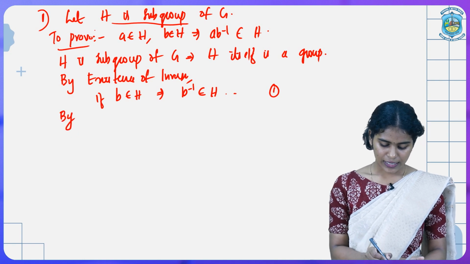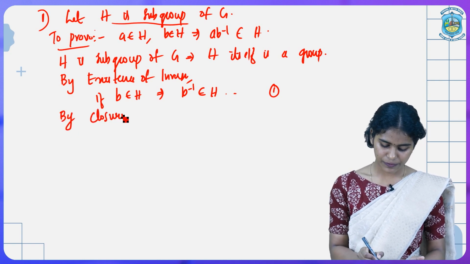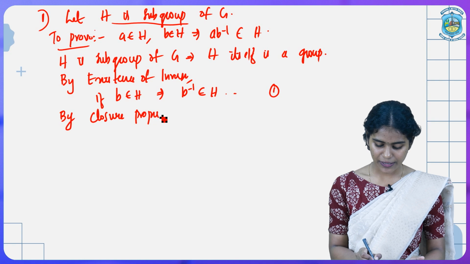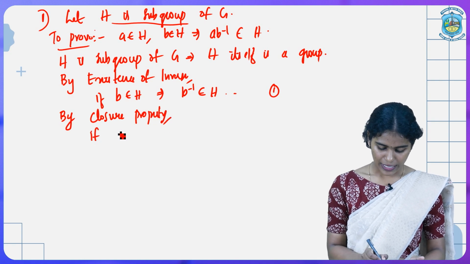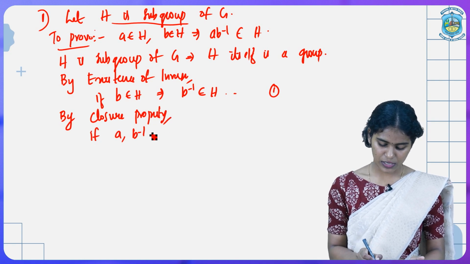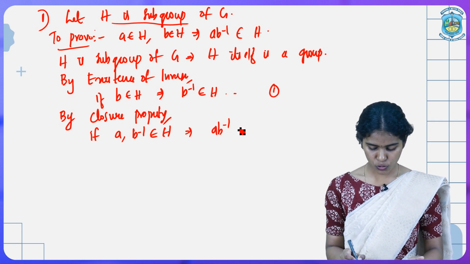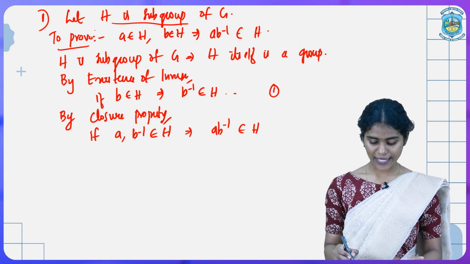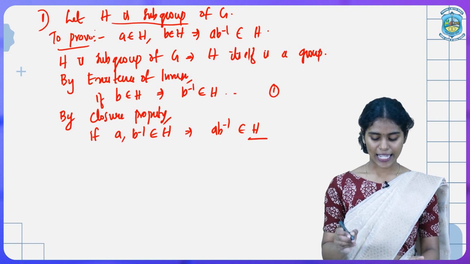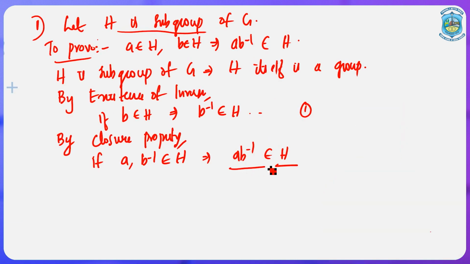By closure property, what can be written? If A and B inverse are two elements of H, then their product also should be an element of this particular H. So, that is all about the first part.